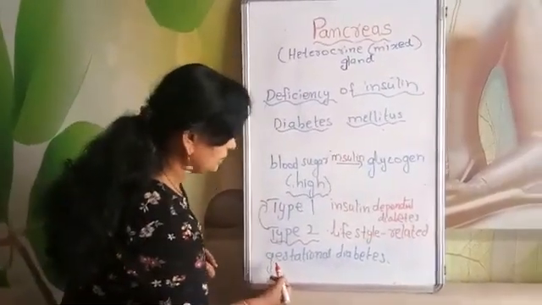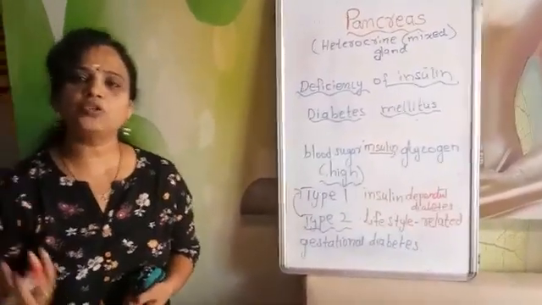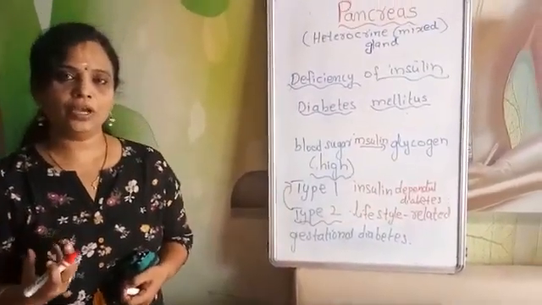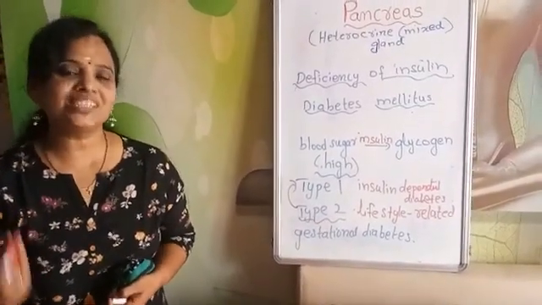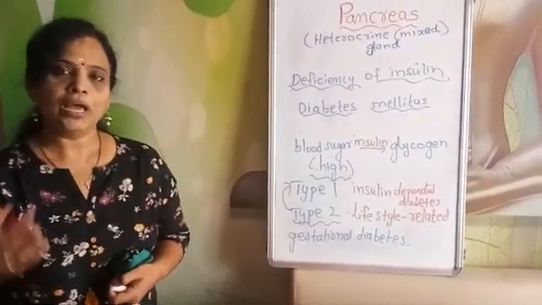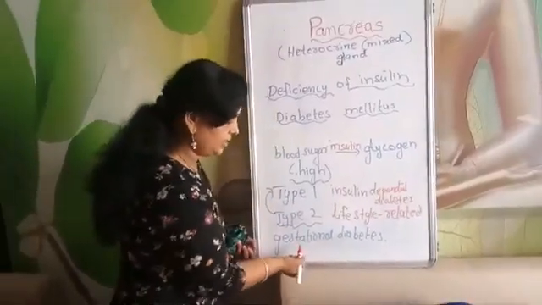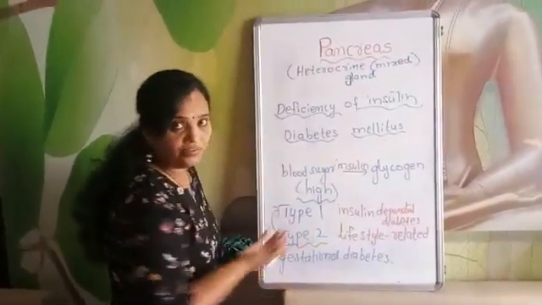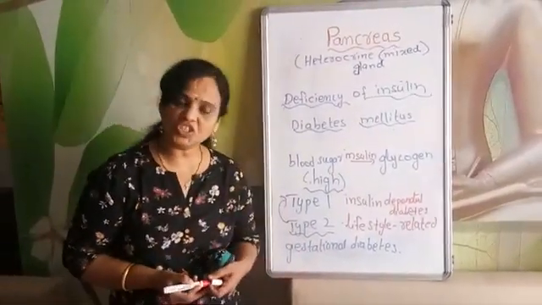Now coming to gestational diabetes. This is a rare diabetes which comes during the pregnancy stage. During pregnancy, lots of hormonal changes happen in a person's body, and that leads to a diabetic condition where the sugar level is abnormally high, called gestational diabetes.